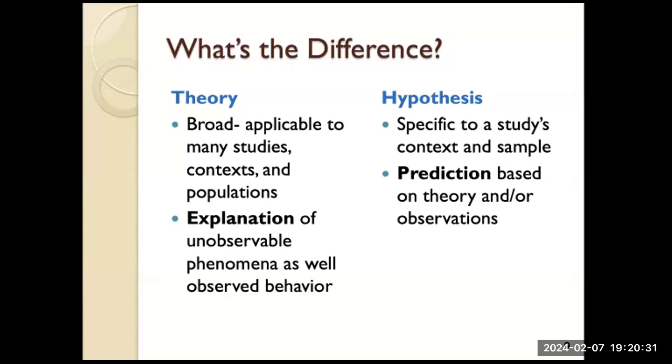It's specific. It talks about something that's observable and measurable. That helps you figure out that it's a hypothesis. I'm not talking about everybody. I'm just saying people who drink 2 cups of coffee or more, right? That's a very specific group of people I'm talking about. So when you're trying to decide between theory and hypothesis, that's one way to consider it.